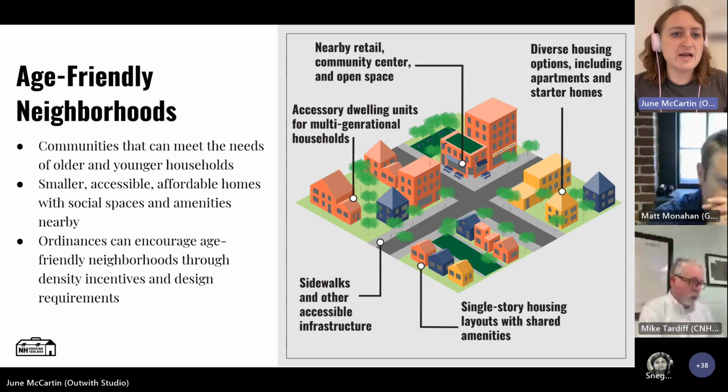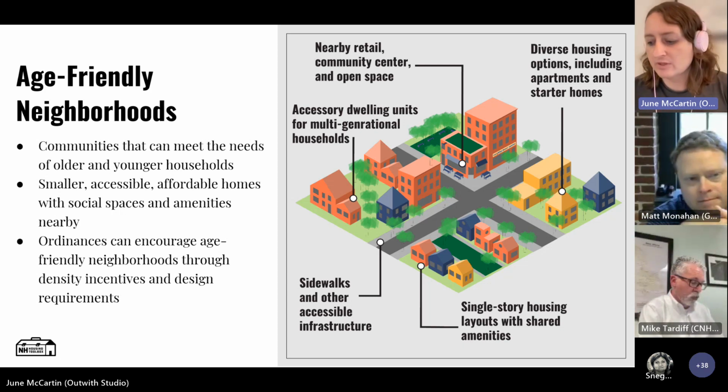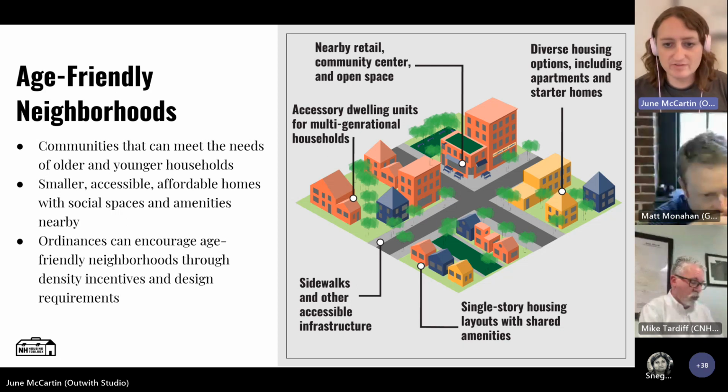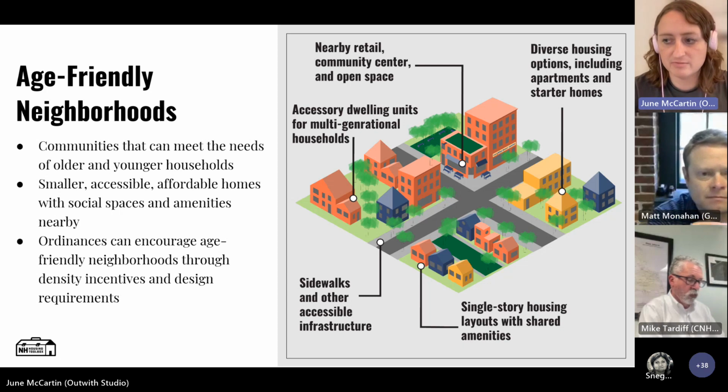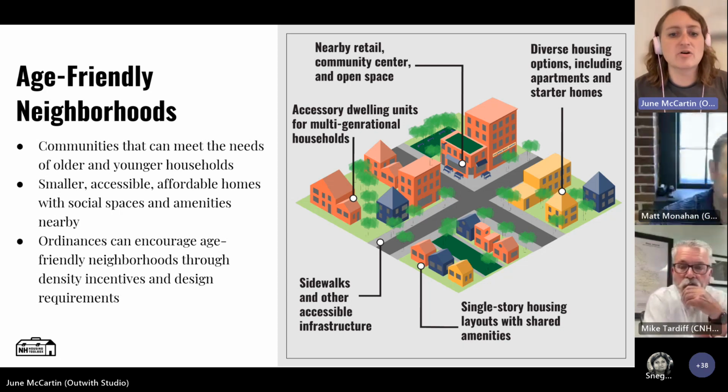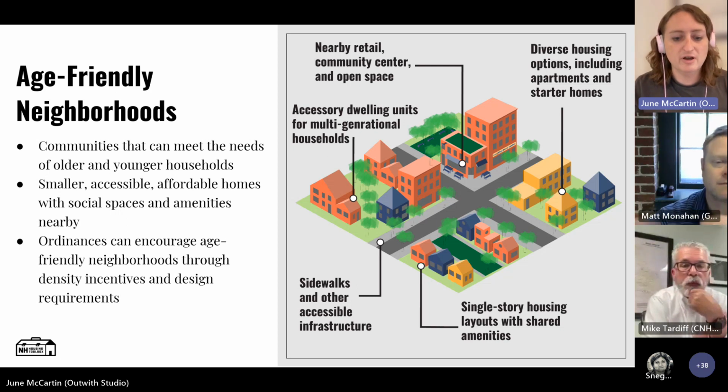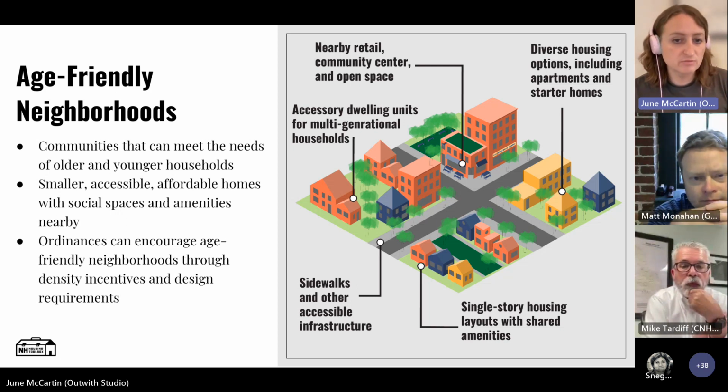Next is age-friendly neighborhoods, and again, this is a broad development approach. It's the idea that a lot of conventional development, conventional subdivisions, the way housing has been done in the last decades, isn't always the right fit for either young people, young adults, or the elderly.